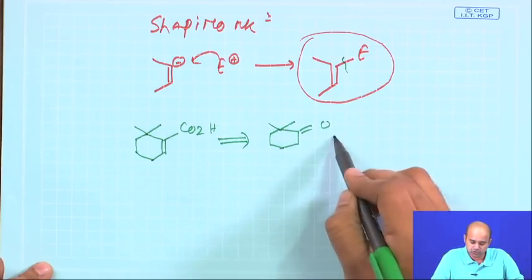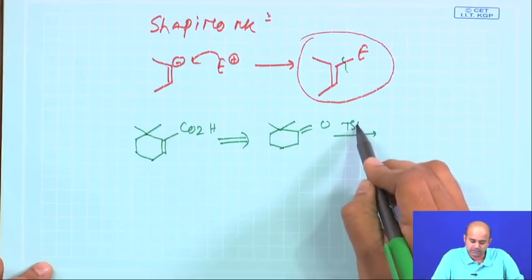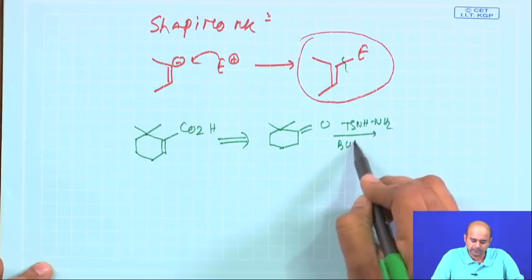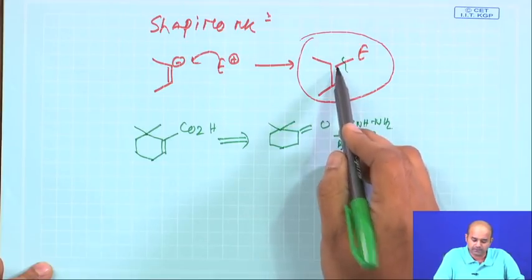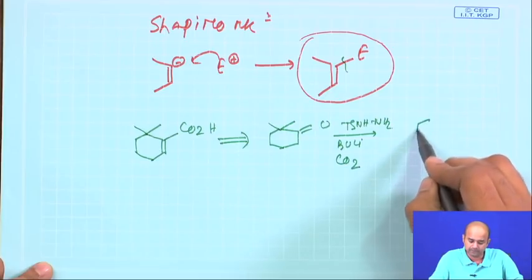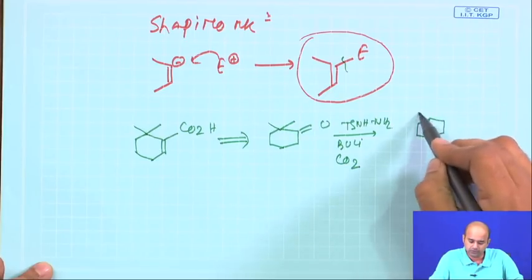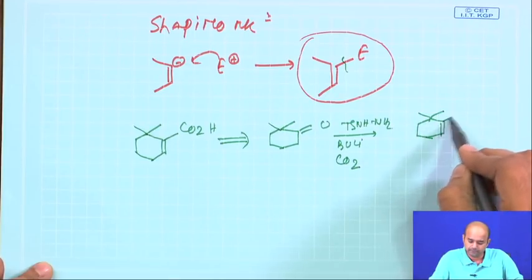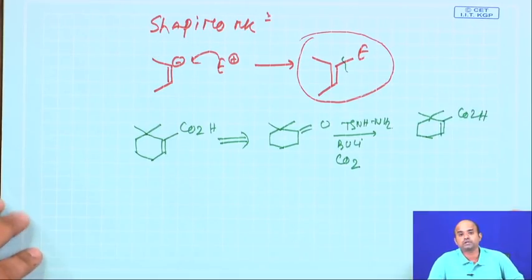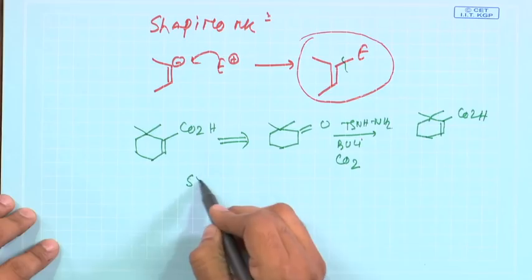So, subject it to tosyl hydrazine, excess butyl lithium, that will give you the vinylic species, and then the electrophile you can quench with is carbon dioxide, that will basically give you the final product, CO2H.